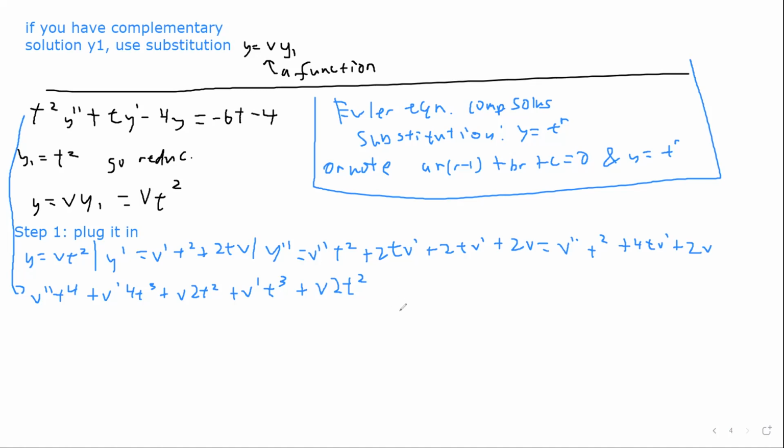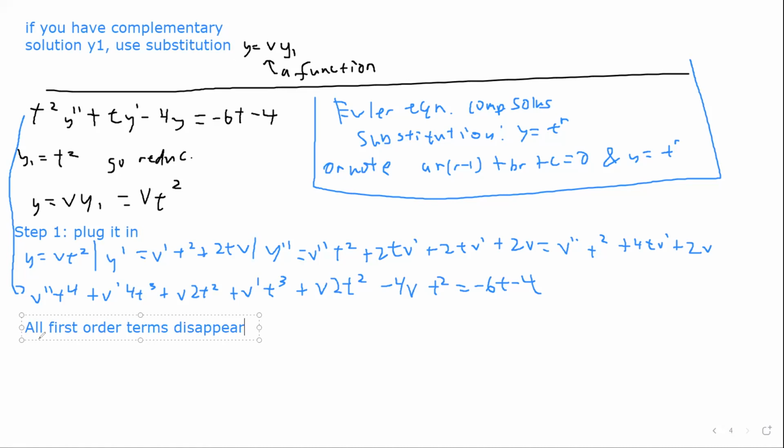V 2t squared. Finally, minus 4v t squared. Now, the clever bit is that all of your first order terms will disappear. This is equal to negative 6t minus 4. So you can't forget to write that. Let me write all first order terms disappear.